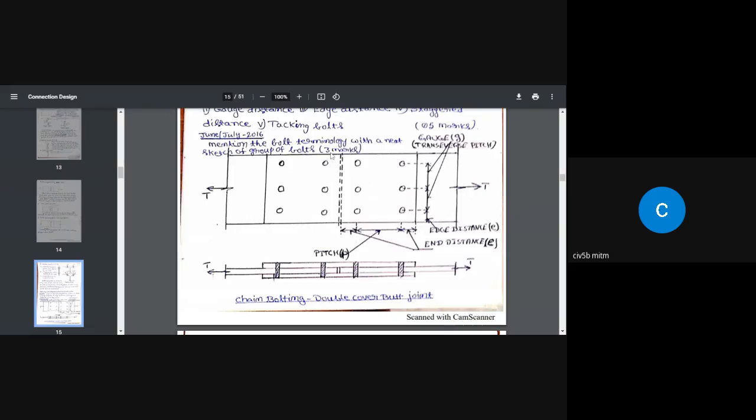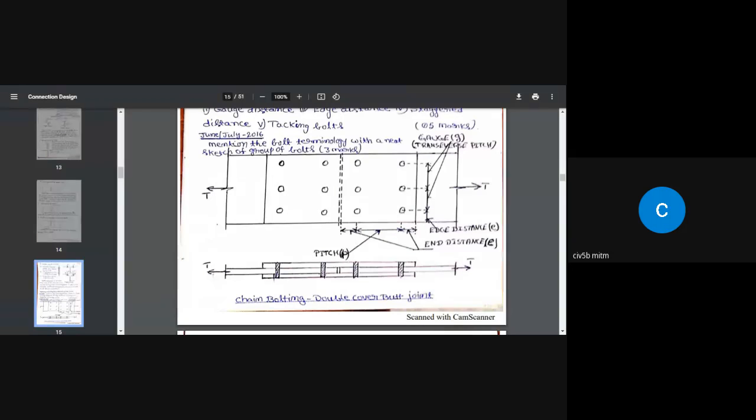That means it is double bolted, and also it is called chain bolting because everything is in a sequence. It is called chain bolted double cover, because we are providing 2 cover plates. Butt joint means those 2 main plates are coming face to face.